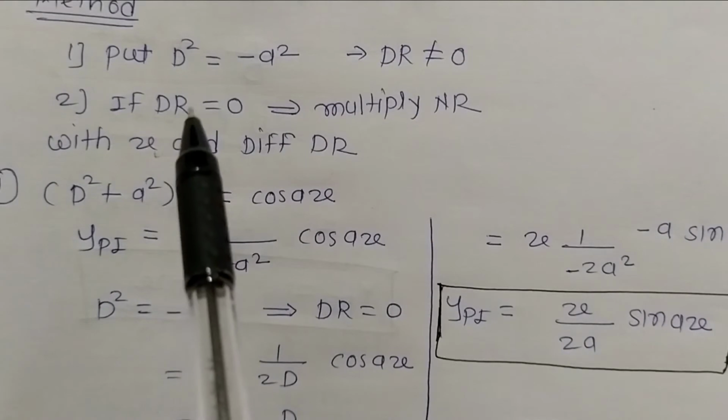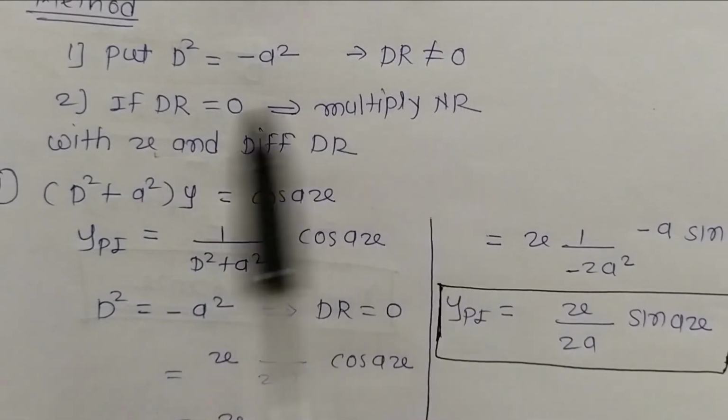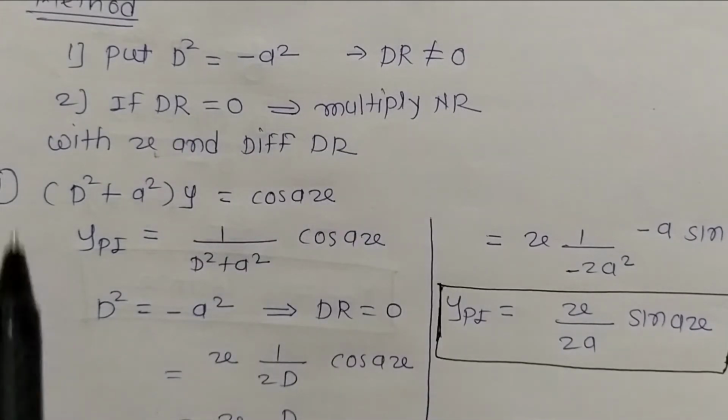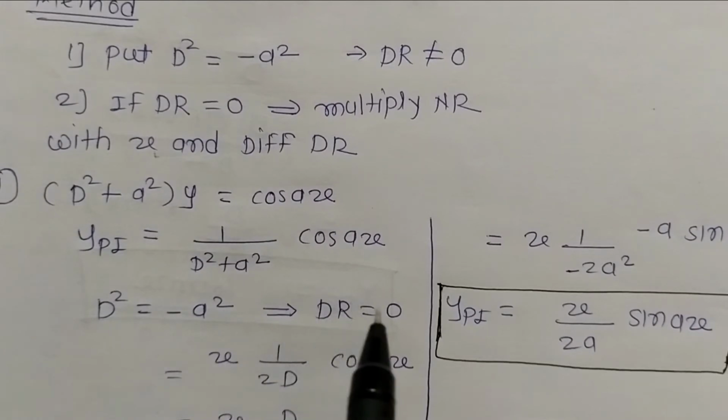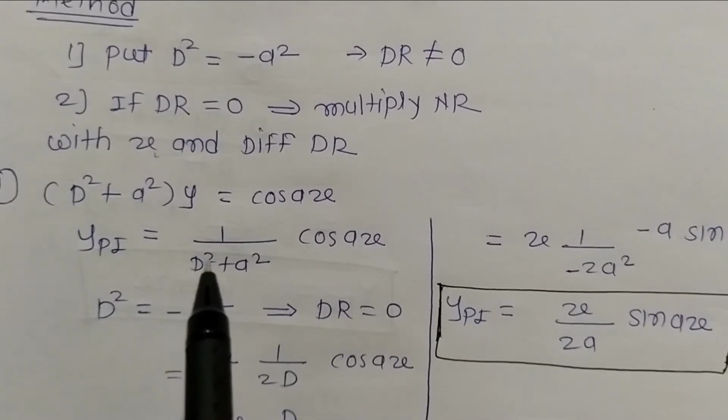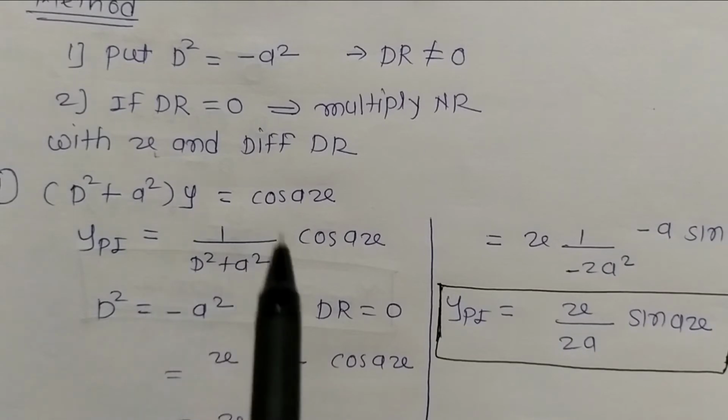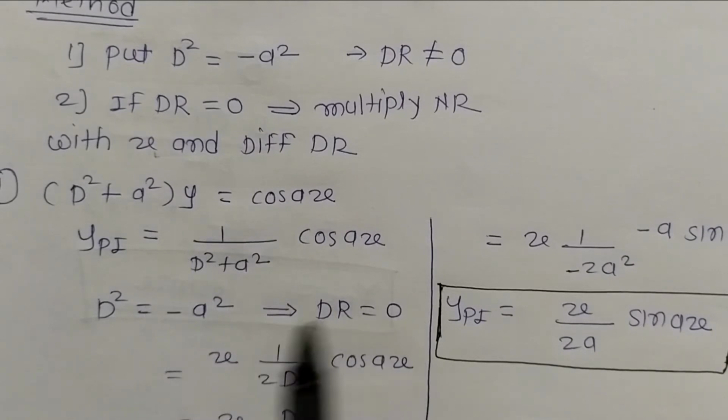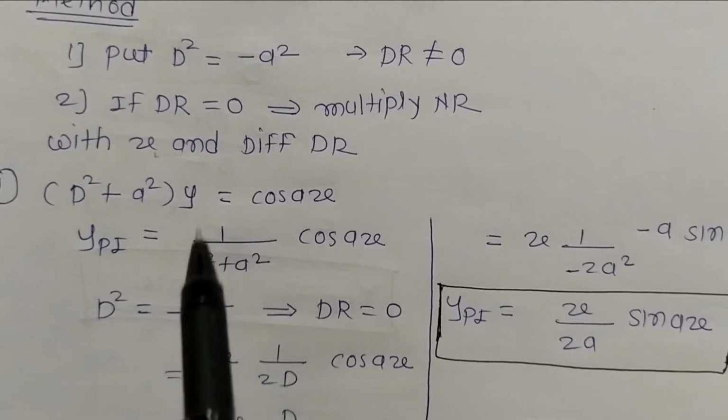But when the denominator becomes 0, then multiply the numerator with x and differentiate the denominator. Here minus a squared plus a squared, the denominator becomes 0. So we have to multiply the numerator with x and differentiate the denominator.